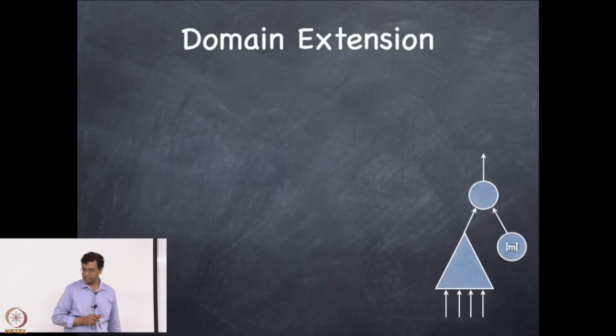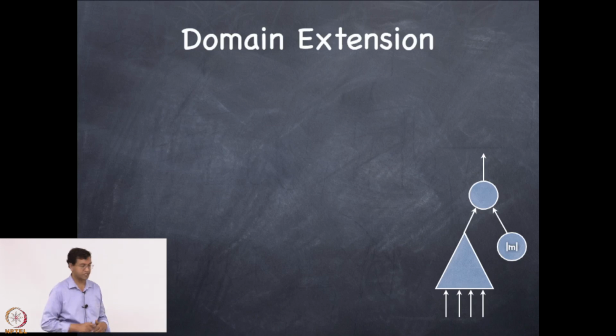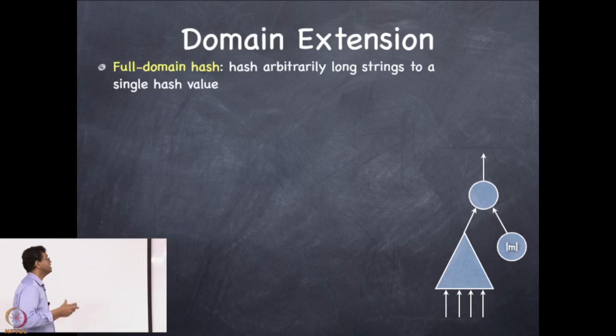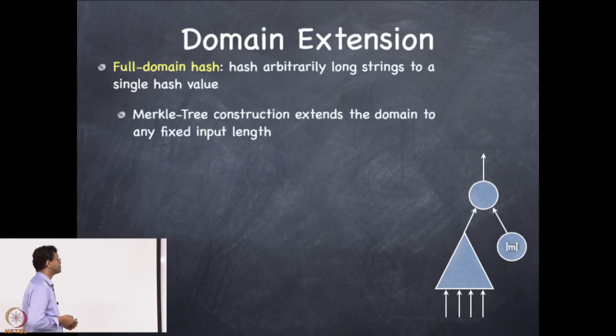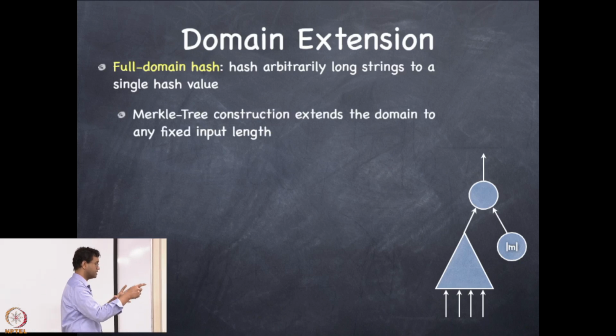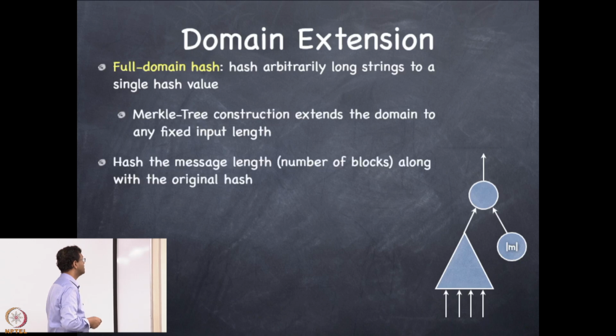Okay, so that's good. That lets me build collision resistant hash functions which take very long inputs. Unfortunately, it's still not a full domain hash because I need to tell what that length is ahead of time. I need a fixed input length to design my tree.